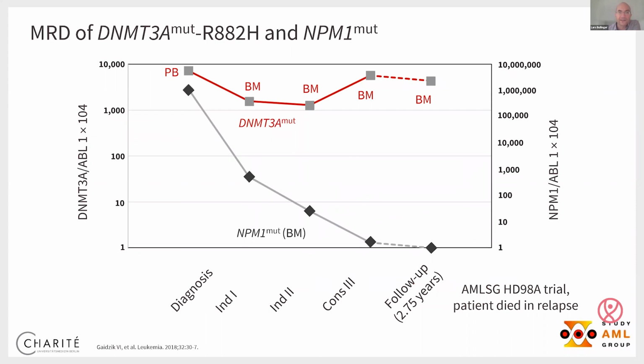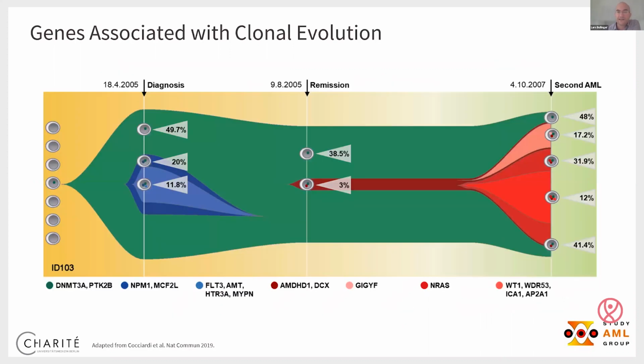But on the other hand, this is an example that shows you the difference can be quite huge: NPM1 can go down quickly, DNMT3A, the clonal hematopoiesis, can stay up, and patients can relapse despite staying negative, because the persistence of the clonal hematopoiesis and the previous chemotherapy have the power to select additional clones that can then lead to a therapy-related AML.